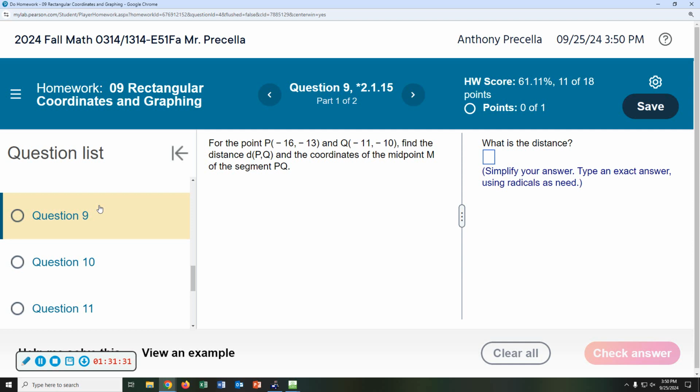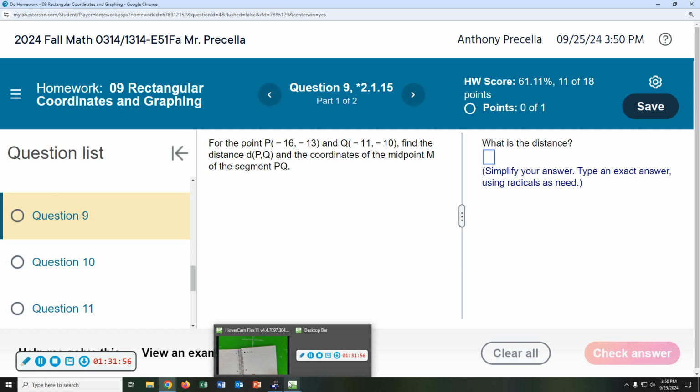It says, for the points P and Q, find the distance dPQ. And that means the distance from P to Q. This notation here is their lazy way of saying the distance from P to Q and the coordinates of the midpoint. So I think there's a lot more words there than we need. I'm going to do this so y'all can sort of see.